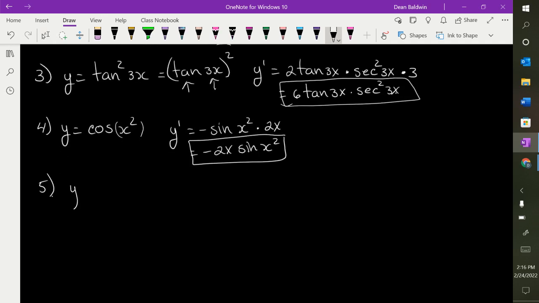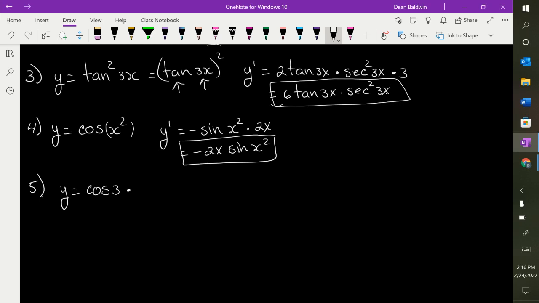All right. What about this? Cos of 3 times x squared. So I know your intuition is to say, oh, it's going to be product rule because it's x squared times cos of 3. I could write it like this. But it's not product rule because cosine of 3 is a constant.